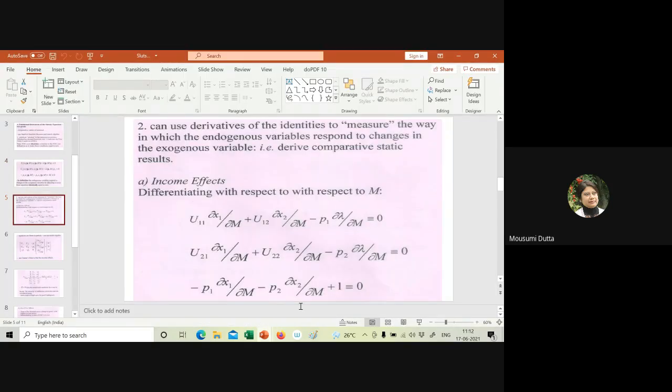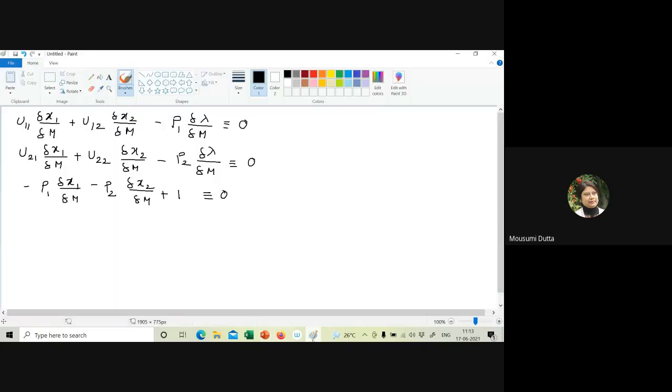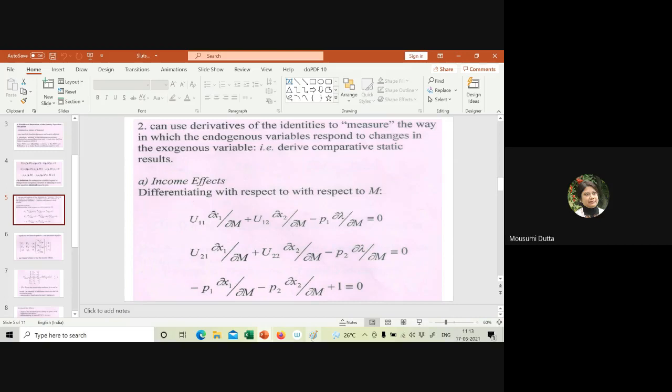So you got these expressions: U11 del x1 by del m plus U12 del x2 by del m minus P1 del lambda by del m equal to 0, then U21 del x1 by del m plus U22 del x2 by del m minus P2 del lambda by del m equal to 0, then minus P1 del x1 by del m minus P2 del x2 by del m plus 1 equal to 0.